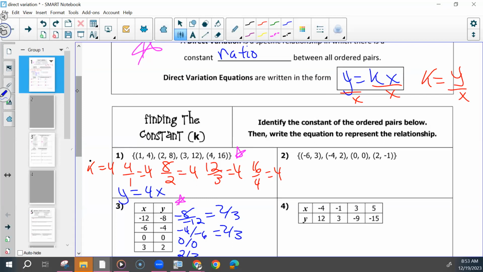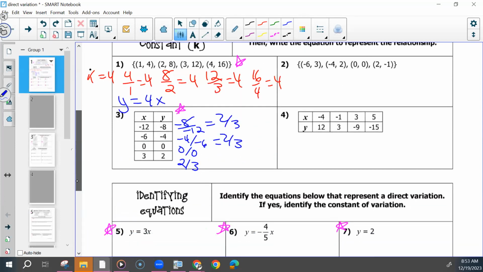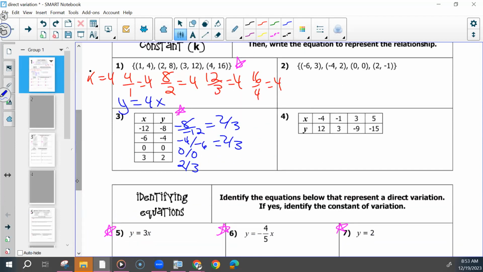It is 0. So because there's nothing here, our y-intercept has to be 0. So if you see 0, 0, that won't give you the k value that you need, but your y-intercept has to be 0. So that will work with this.